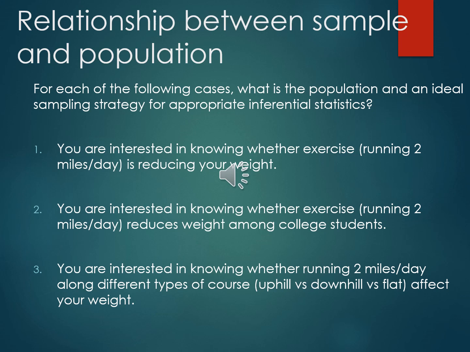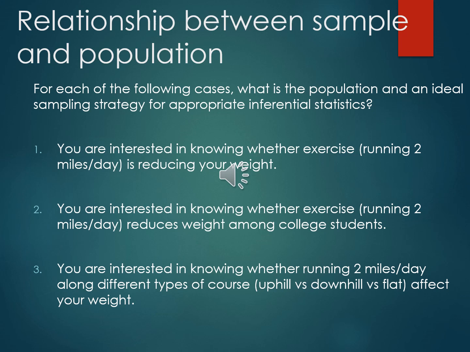So in this slide, we would like to practice our thinking about how population and sample are related. Let's look at these three different kinds of research situations. The first one, you are interested in knowing whether exercising, such as running 2 miles a day, is reducing your weight.